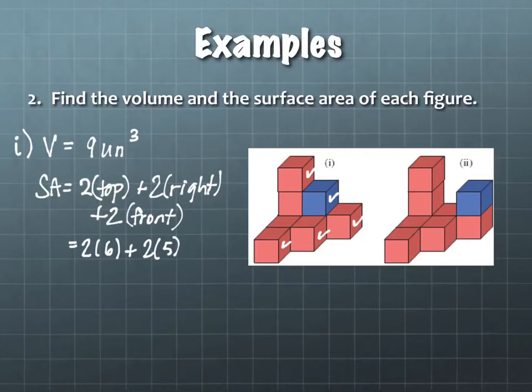And from the front. What do you think? 6 is right. So I have 1, 2, 3, and then 4, 5, and 6 on the front side of my object.